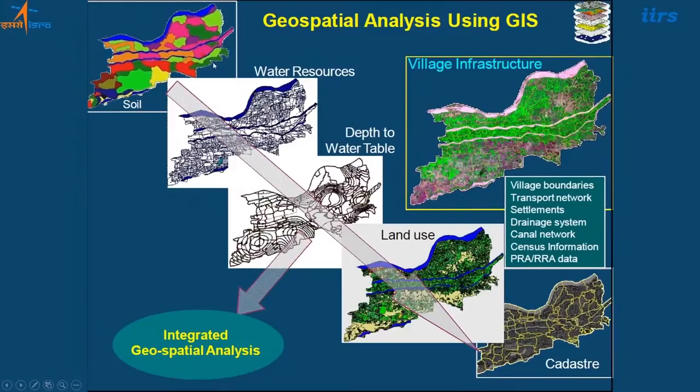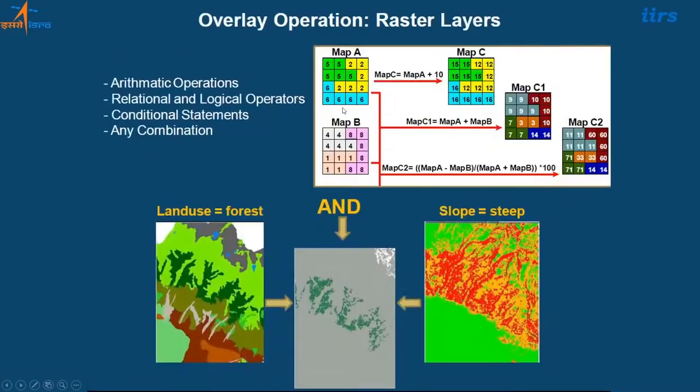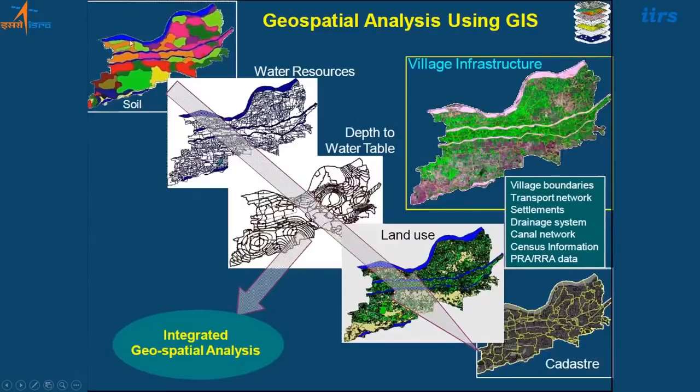For geoprocessing, we take the input from different themes, and then these can be combined together as we have done in the previous example I showed you. So these are map A, map B, map C, map D and map E, and you can create any map by manipulating the pixel values behind these maps.